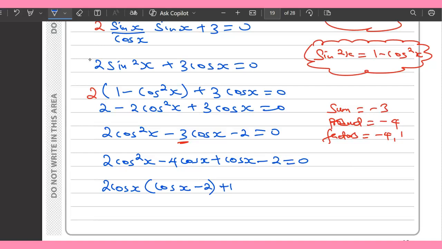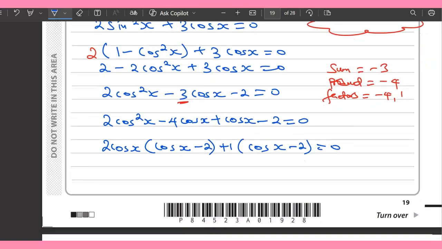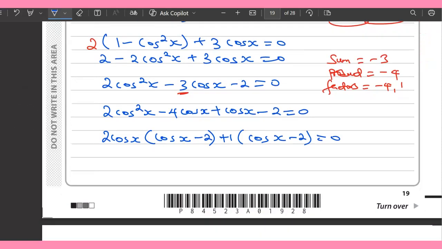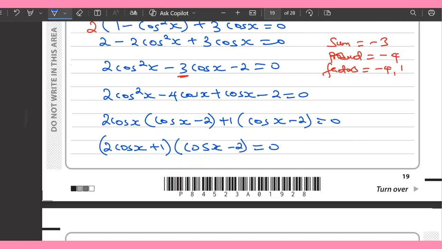So this one will be plus 1 into cos of x minus 2 equals 0. We have two brackets which are similar, so we'll just pick one. Whatever remains outside the bracket should also be brought together and bracketed. So we'll have 2 cos of x plus 1, and the second bracket we have cos of x minus 2, and this should be equal to 0.